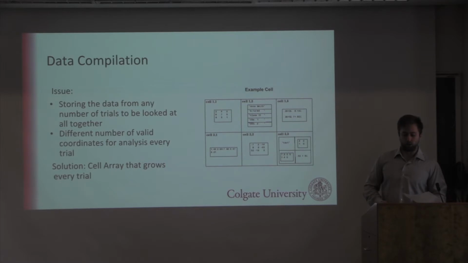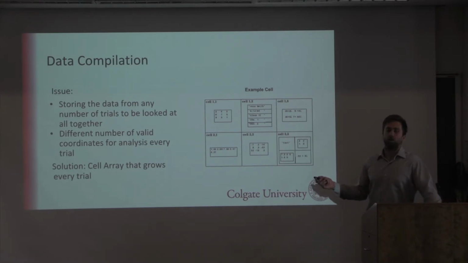The next issue was storing the data from successive trial runs. The issue we had here was that we were trying to pair trial runs that had data for different sized trials. Because we have boundary centers that are not included in our data, out of 100 centers we have a different number of valid centers that we calculate statistics from.